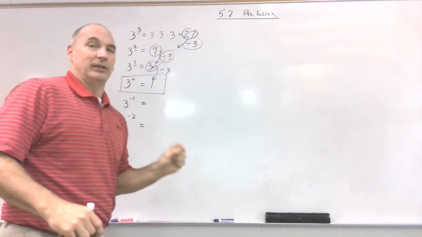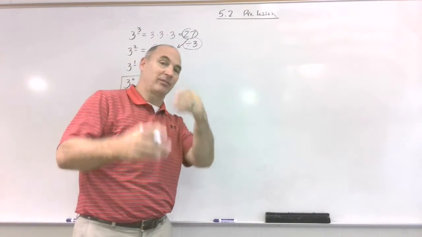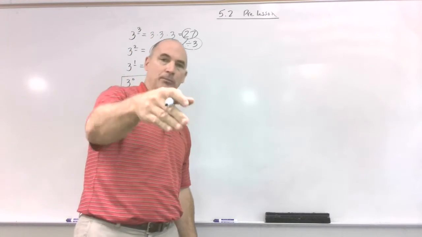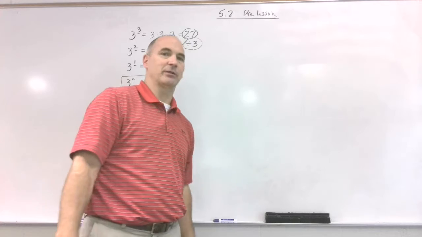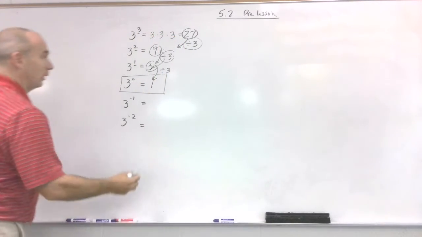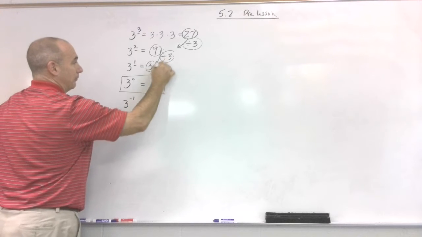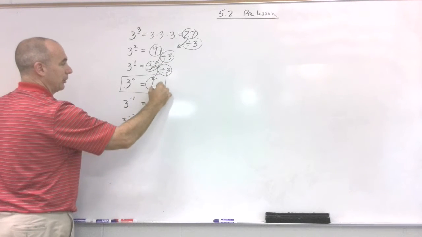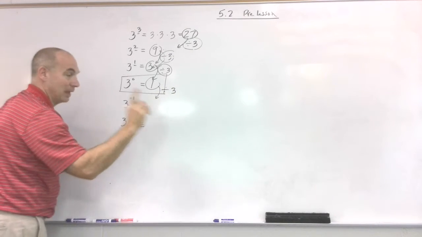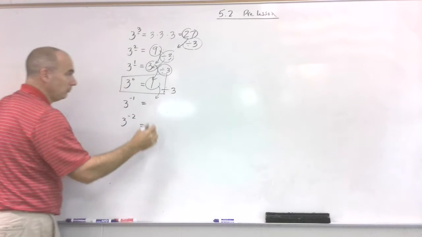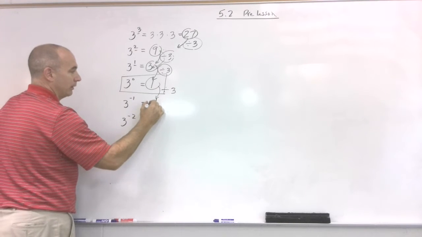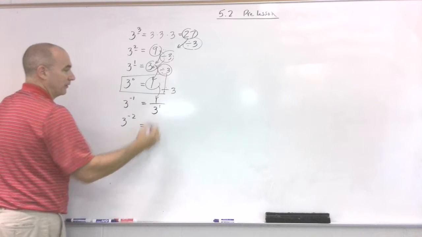But the real lesson is negative exponents, because this is going to happen a lot, okay? Not just in Algebra 2, but also trigonometry and calculus, and you need to know what to do with these negative exponents. Well, I've already established the pattern. So how do I get from here to here? Well, I divide by 3. Now watch what I'm going to do. I'm going to actually write this as 1 over 3 to the first.